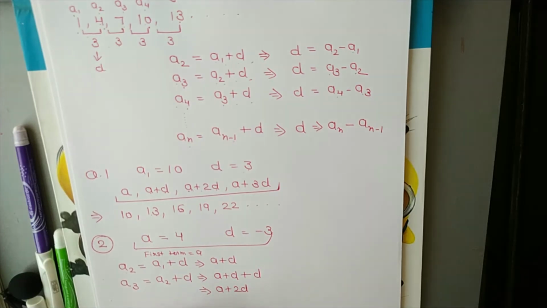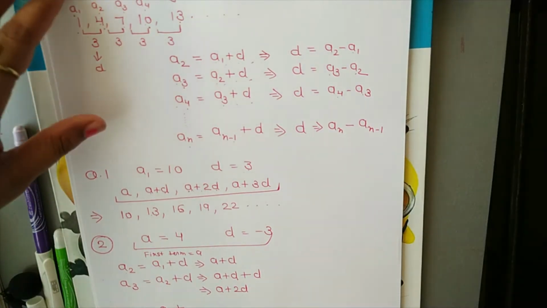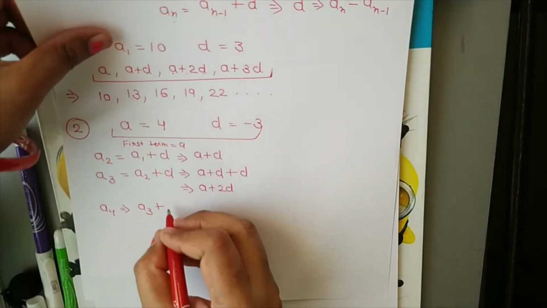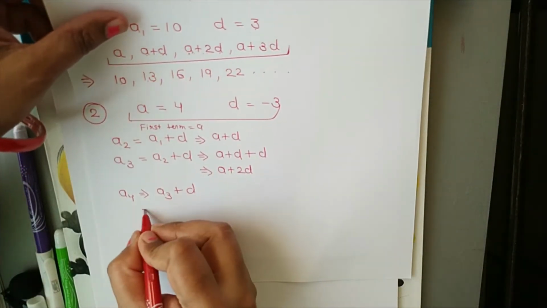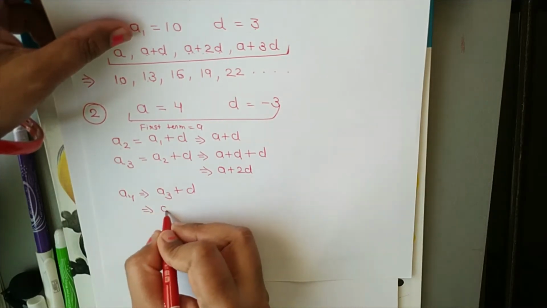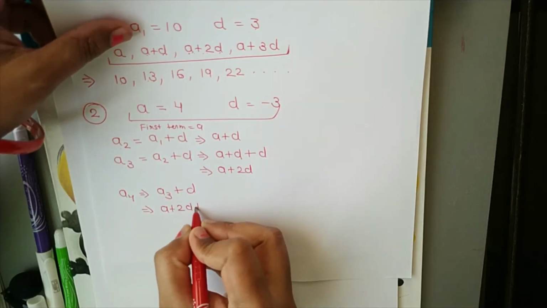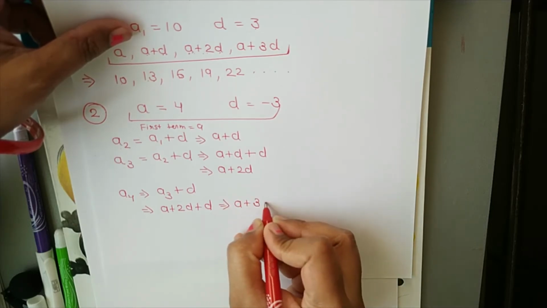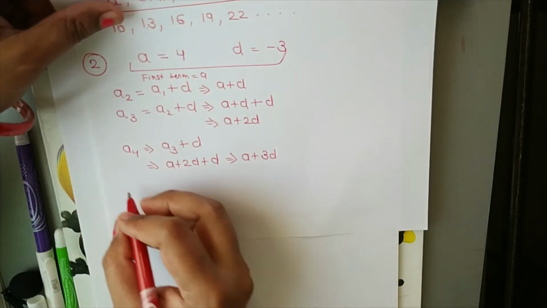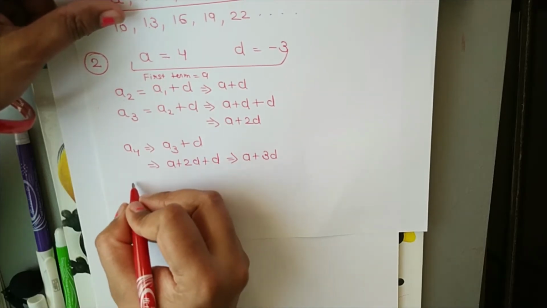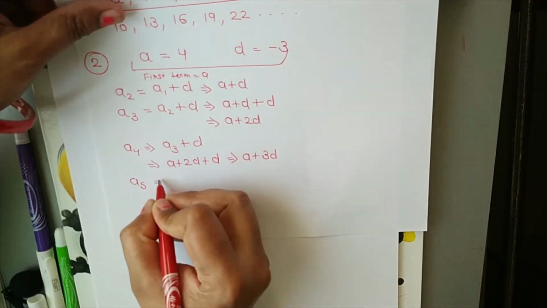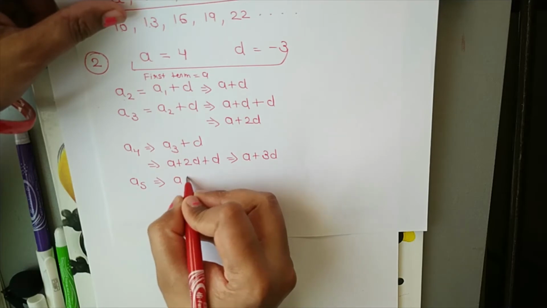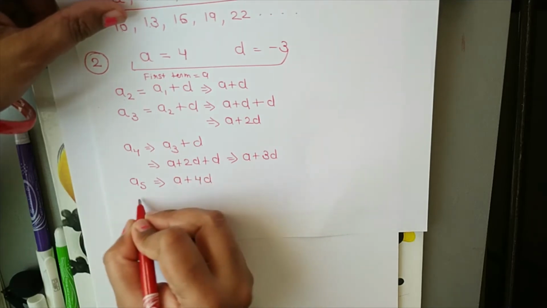Now a4 is a3 plus d. Now the value of a3 is a plus 2d, plus d, so it can be written as a plus 3d. Okay. Similarly, a5 we will write as a plus 4d.